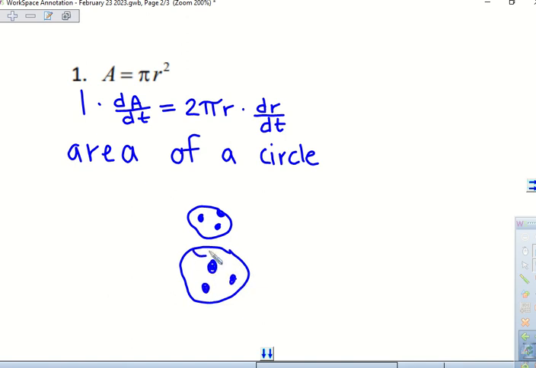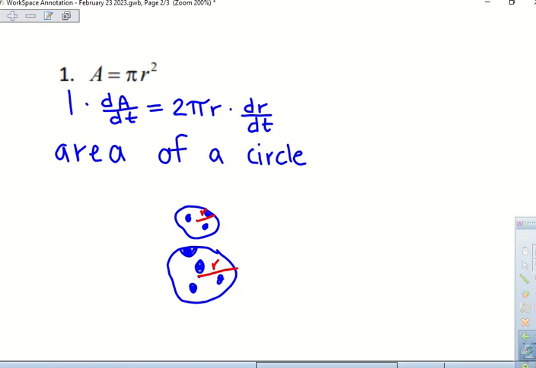So not only does the area of the cookie change, but also its circumference and its radius. So they both have a rate of change. That means these two are variables because they're rates of change. So the rate of change of the radius and the rate of change of the area, that's what we would use it to find. Perfect for this class.